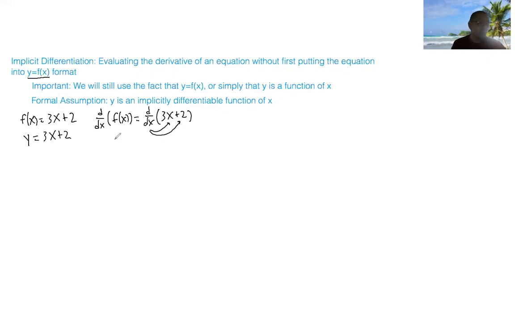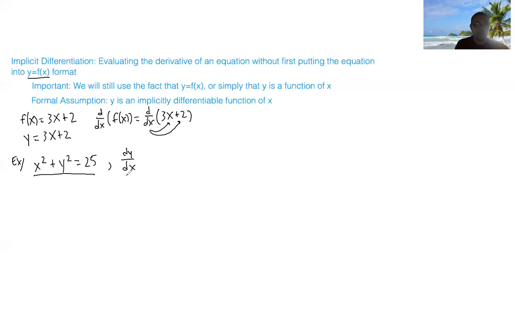Today, we are able to just go straight from our equation. Say I give you this equation: x squared plus y squared is equal to 25. Say I give you this equation, and I want you to find the derivative dy dx, okay?